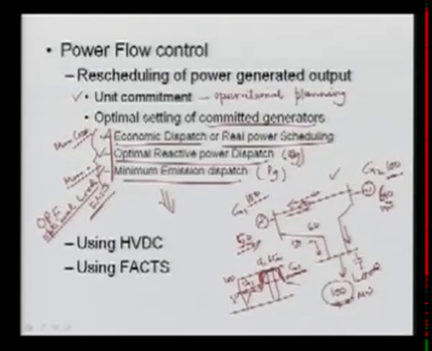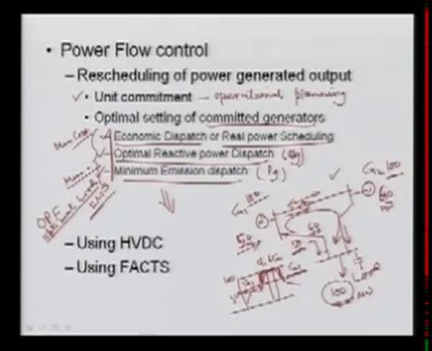We want to control this, because we cannot operate continuously above the rating. We have to use some control mechanism so that we can redivert the power through the other lines and restrict this line to 50 megawatt. More loading means more losses, and we cannot go beyond the rating, because that will trip your line and then the whole system will be in chaos.